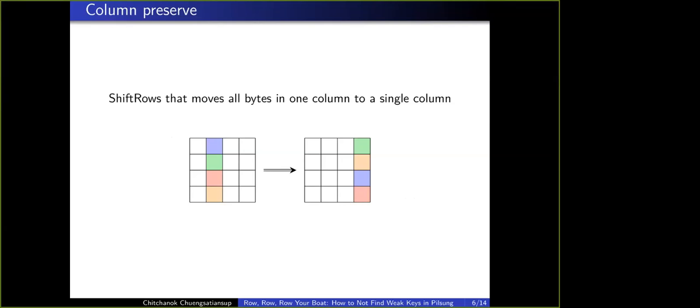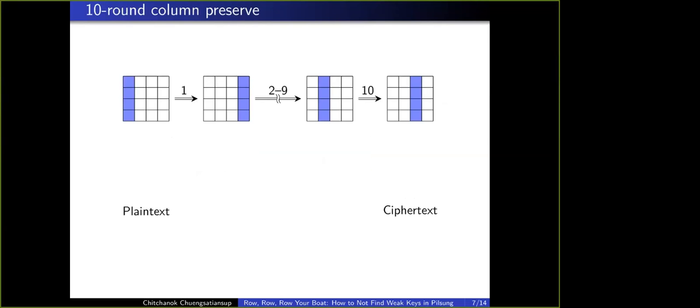And why is this interesting? Imagine that if we have this for the entire 10 rounds, we can easily distinguish between plaintext that is produced from this permutation that preserves columns and a random permutation, or random ciphertext. Because with this, we can easily see that at the starting point and the ending point, we have exactly the same columns.